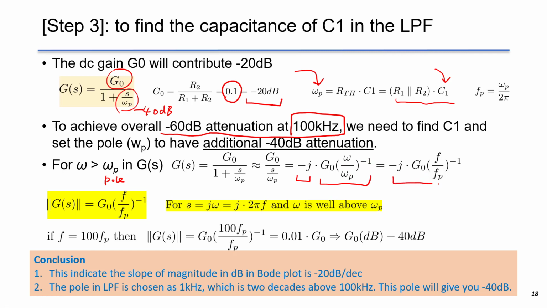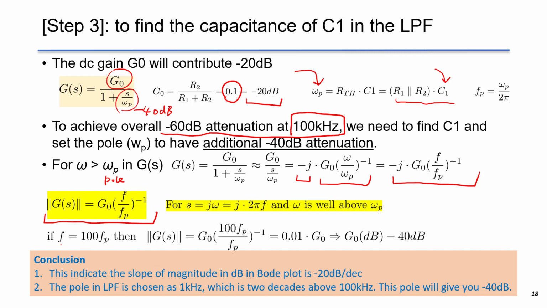Simplifying further, we can get this to represent the transfer function. We look at the magnitude, and we will see that the magnitude of this transfer function will be G0 times f over fp to the power of minus 1.